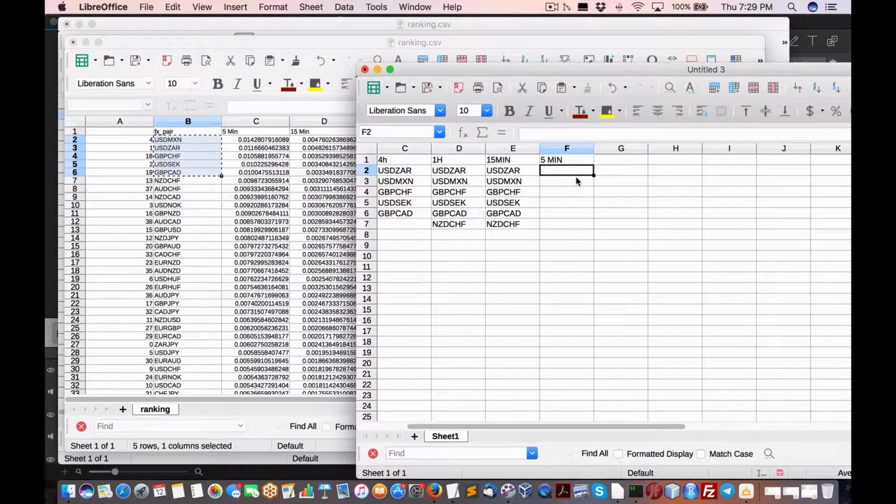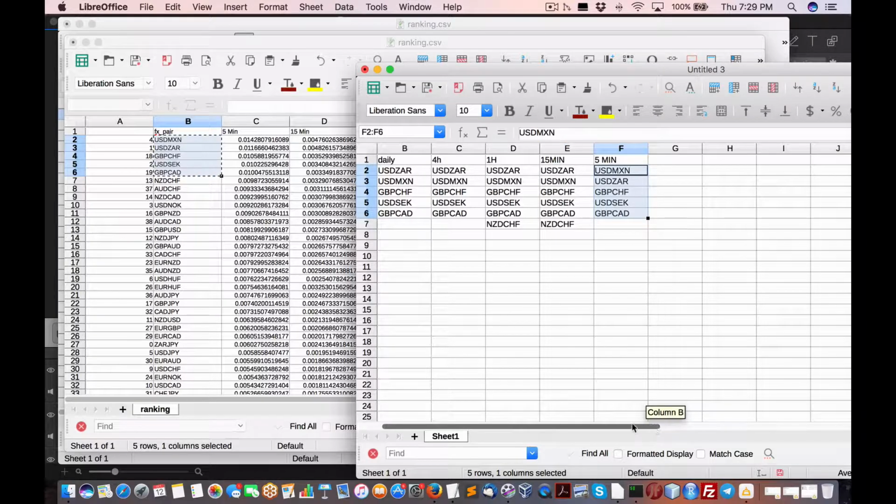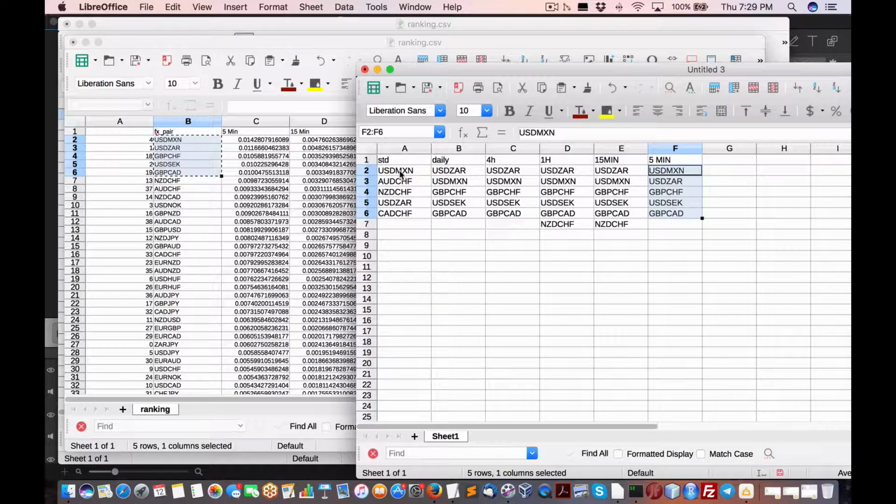I don't see the point in doing the minute because that would be just too noisy. Okay, so what we're looking at here is a standard deviation. The two are very strange there, and okay, so our most volatile is the US dollar and the Mexican peso.